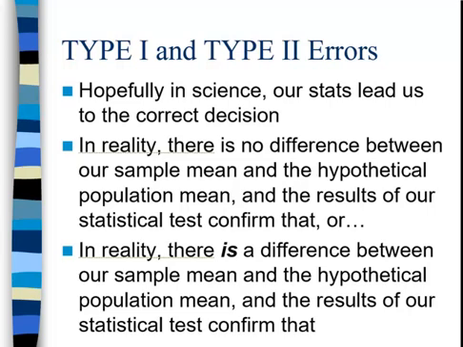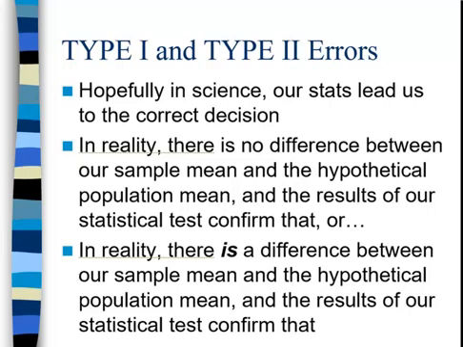That's unfortunate in a sense because we don't want to report null results, but if it's true, then we're glad, because we want our statistical test to reflect reality. There's another alternative: in reality there is a difference between our sample mean and our hypothetical population mean, and we run a statistical test, and indeed the results confirm that idea. So that's good too.